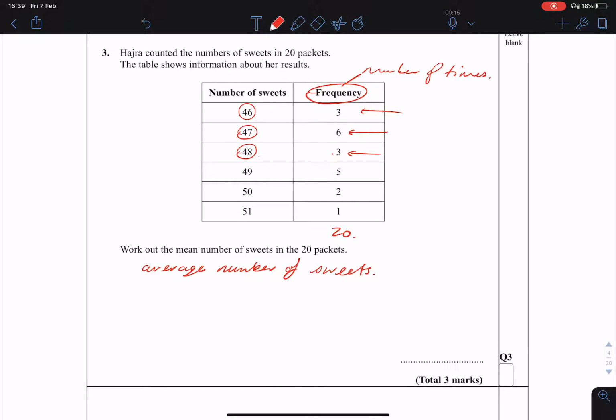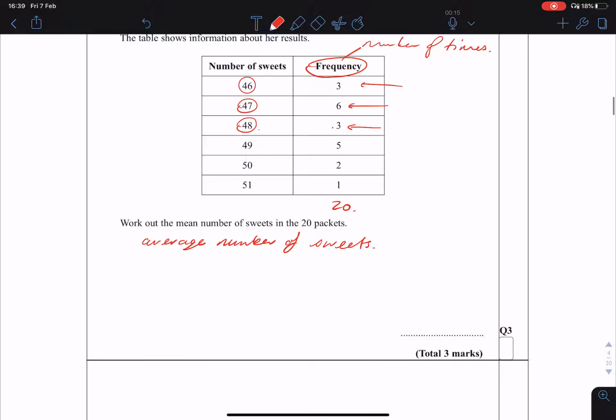Now, if it were just a regular mean, we take all the numbers and add them together and divide by the total number of things. So for example, if I got the numbers 5, 7, 9, 10, 11, and 15, I've got 6 numbers there, and I would do 5 plus 7 plus 9 plus 10 plus 11 plus 15 divided by 6.